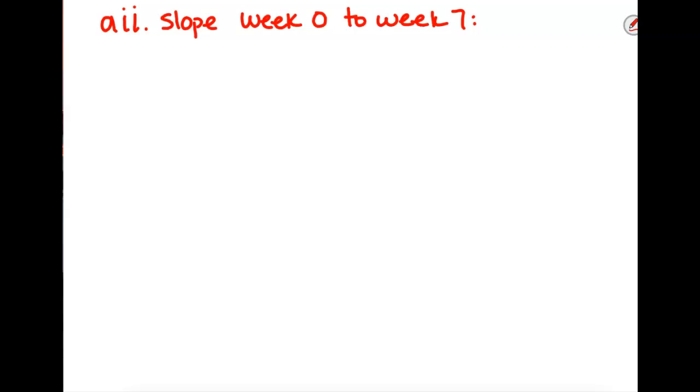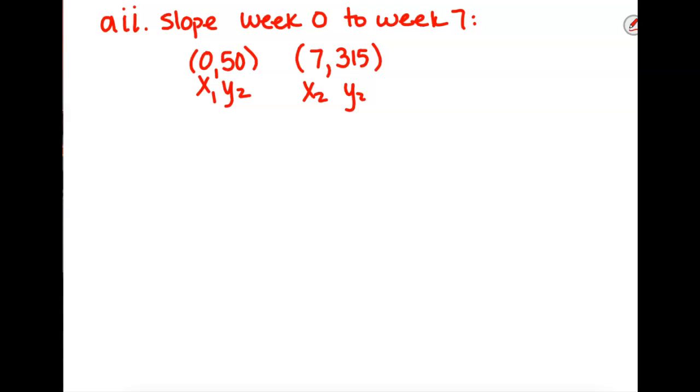So those points at time of 0, x sub 1 and y sub 1, and 7 weeks later, 7 comma 315, x sub 2 and y sub 2. So we're going to plug it into the same formula, y sub 2 minus y sub 1 over x sub 2 minus x sub 1. Substitute those values in.